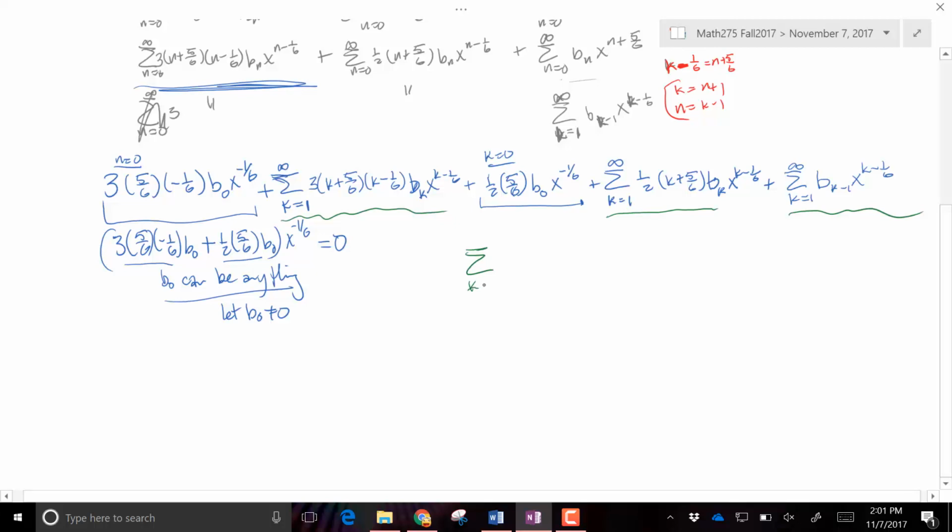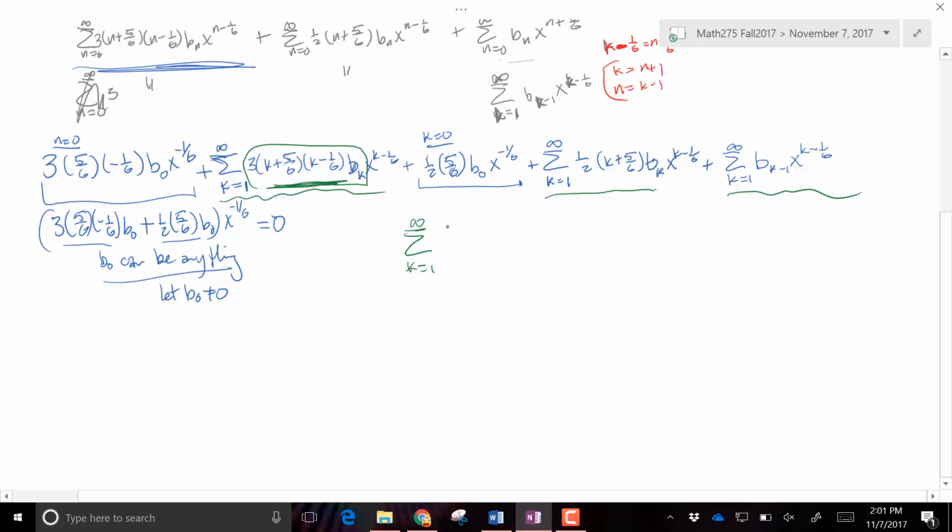All right, so let's put all these things together into one series, and then we'll take the coefficient out and set it equal to 0. So again, I'm going to look for the ones with the same b sub k. So I'm going to get a 3k plus 5/6, k minus 1/6. And then there's a bk here, but there's also a bk here.